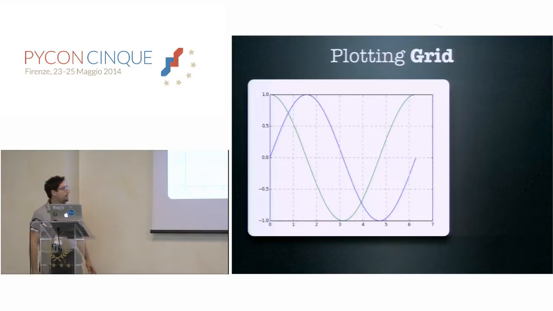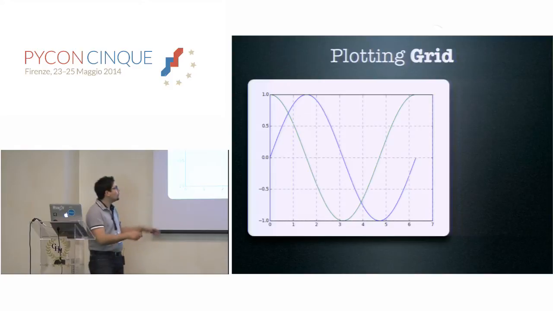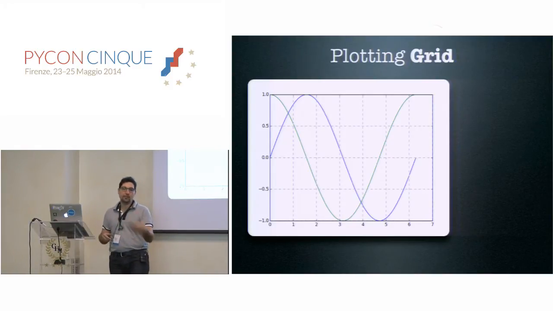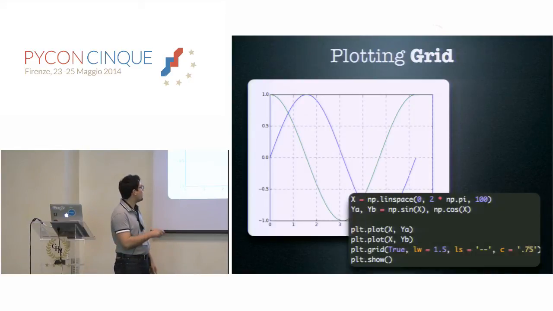Okay. Another very useful feature is to plot the grid. Sometimes we may need to plot the grid inside a plot to make further analysis, for instance. So we may add the grid to the plot by adding a grid. You see the deferred rendering working now? We have created the two plots, and then we add the grid, and then we show it. Okay?